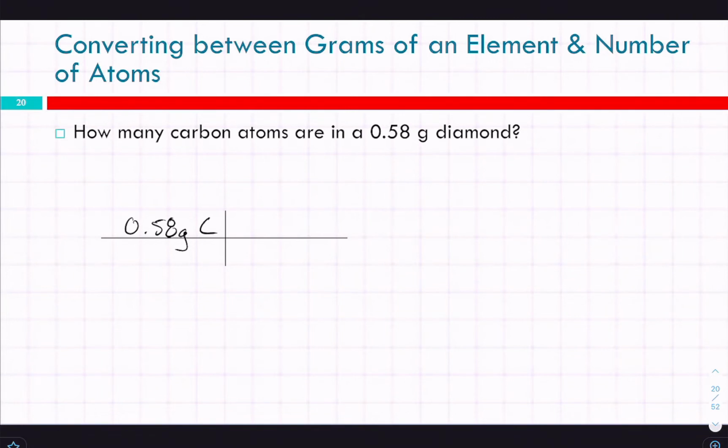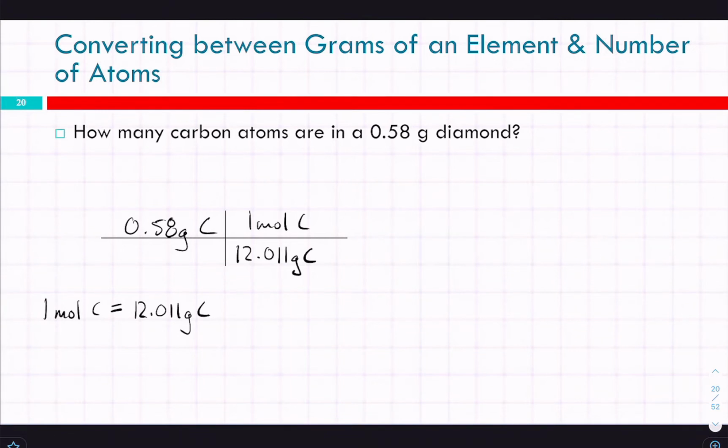And then what is the conversion factor? So how many? Yep, 12.011. So 12.011 goes on the bottom, 1 mole carbon on top, and then 0.58.